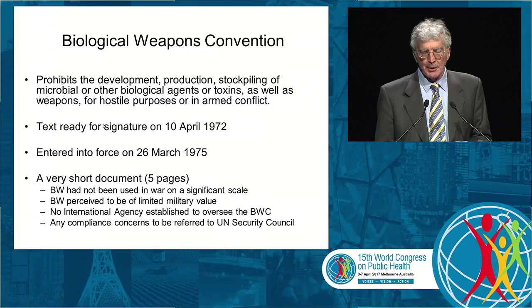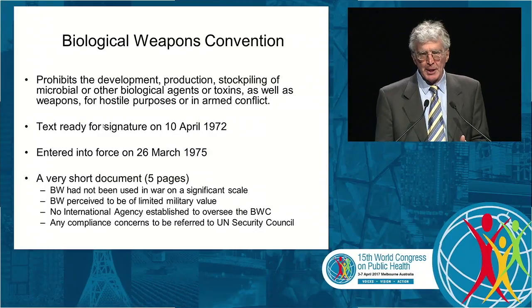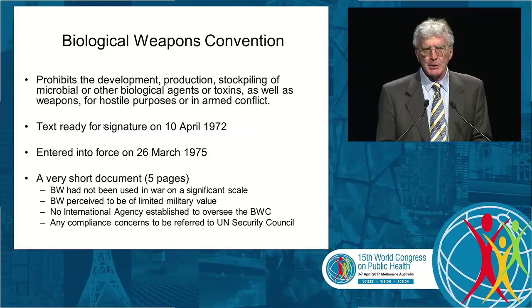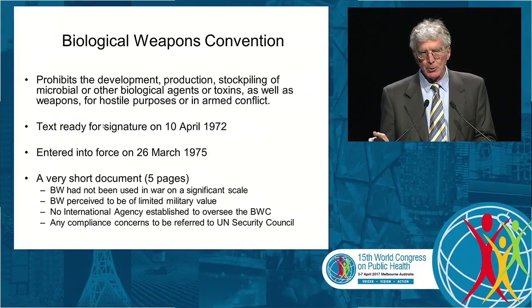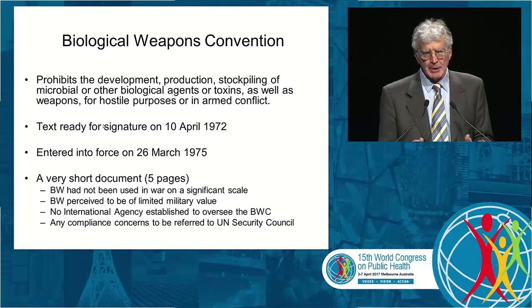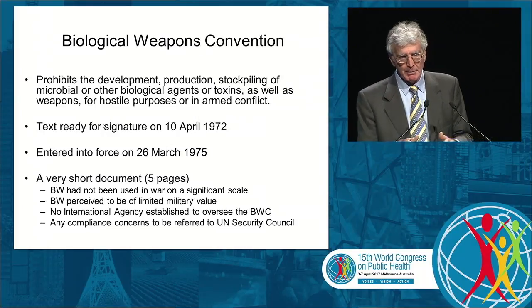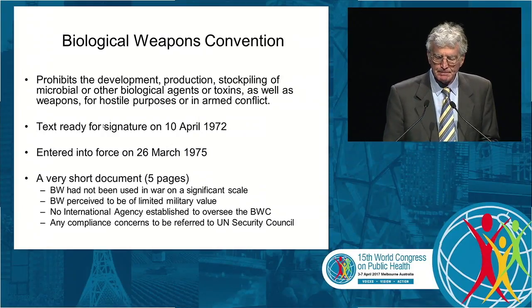And that was based on the assumption, quote unquote, that BW were not very useful in warfare, so therefore they didn't need to be verified. Unlike chemical weapons, which, as Paul has discussed already, were subject to very stringent verification of destruction after the conclusion of the CWC in the early 90s and the destruction of chemical weapons under the treaty provisions.